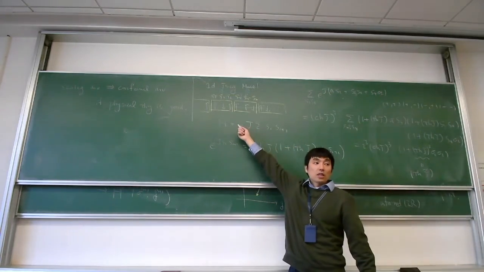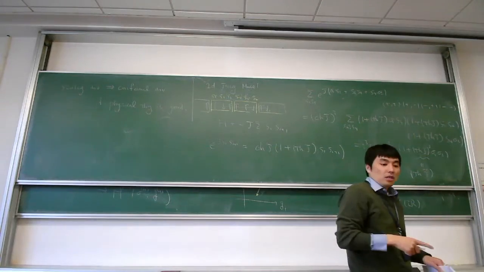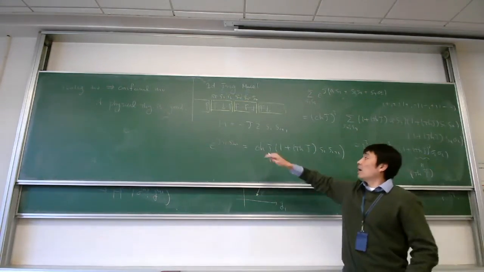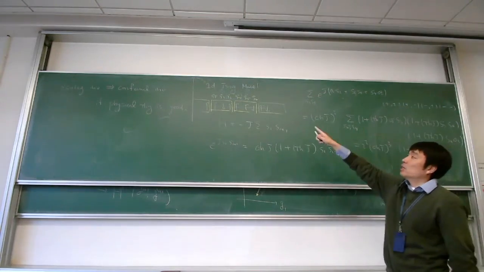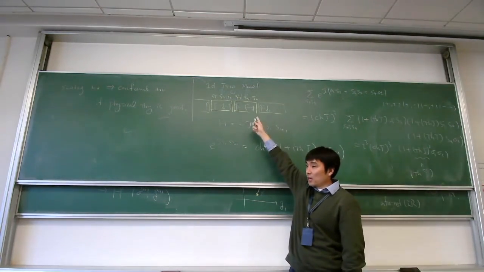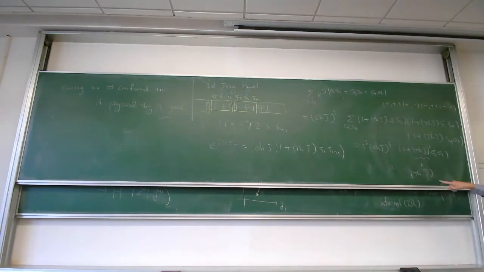Okay, J is the coupling constant that measures how they interact with the, so that measures the interaction between adjacent spins. And if you do coarse graining, the value of J will change to J tilde. They are related by this relation.